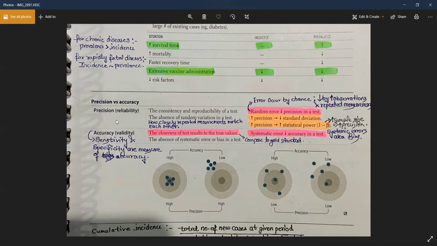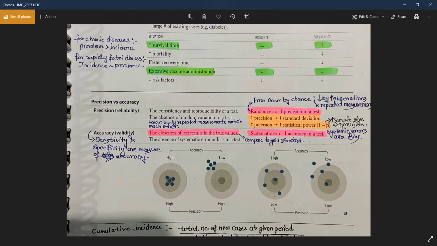Now comes the accuracy. It tells you how close the values of my new test are to the gold standard test. Let's say there's a gold standard test for the level of troponin in the body of a myocardial patient, and the gold standard test was showing the value of 200. So you can say that a patient with myocardial infarction has a troponin value of 200, and it is accurate.